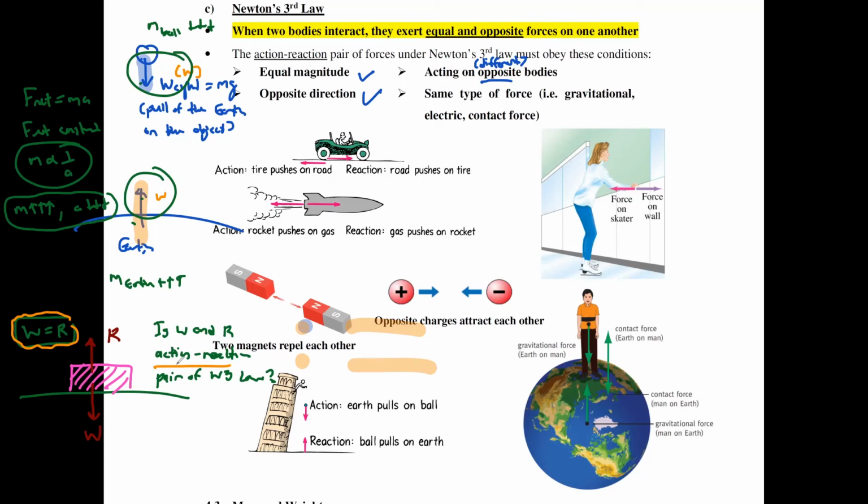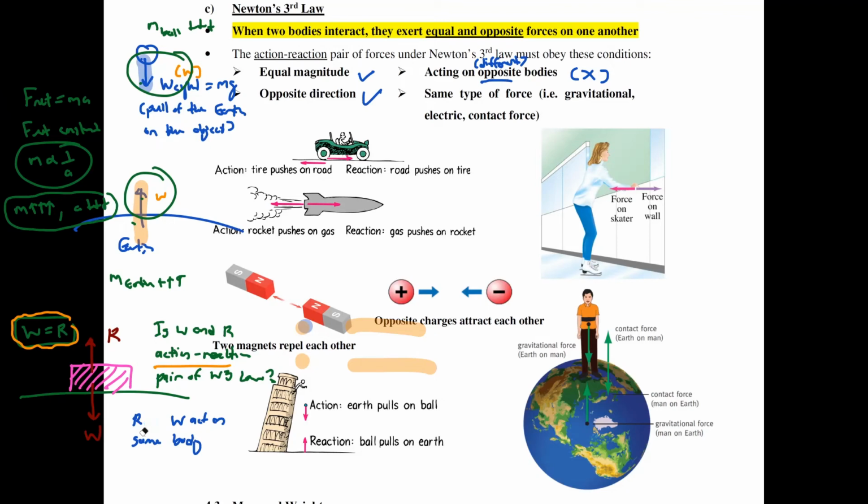So you see something is wrong here, there's a contradiction. When you look at this example versus the condition for an action-reaction pair for Newton's third law, R is acting on the block, W is also acting on the block. So the case here is that R and W act on the same body.